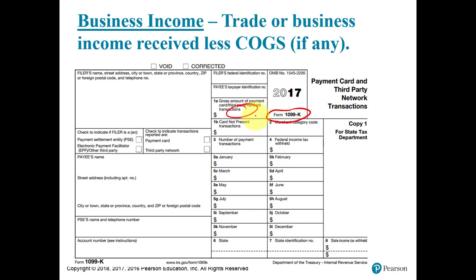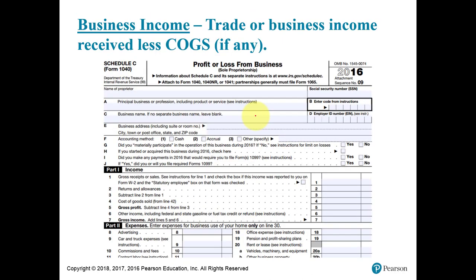So if you have a business, a sole proprietorship, a single proprietorship, you would first report the income on a Schedule C before reporting it on the 1040 form. So here's the gross income you've earned for the whole year, including those amounts reported on the 1099 miscellaneous and 1099-K. What you do get to deduct is the cost of goods sold right here.